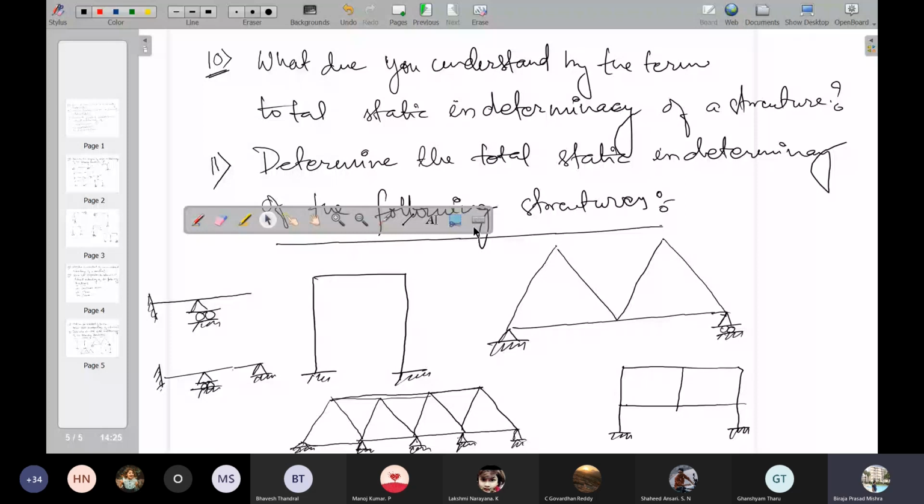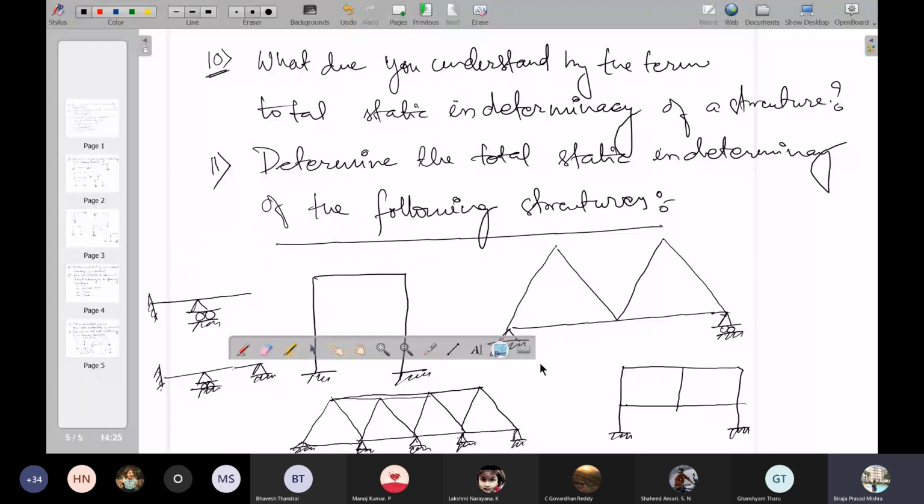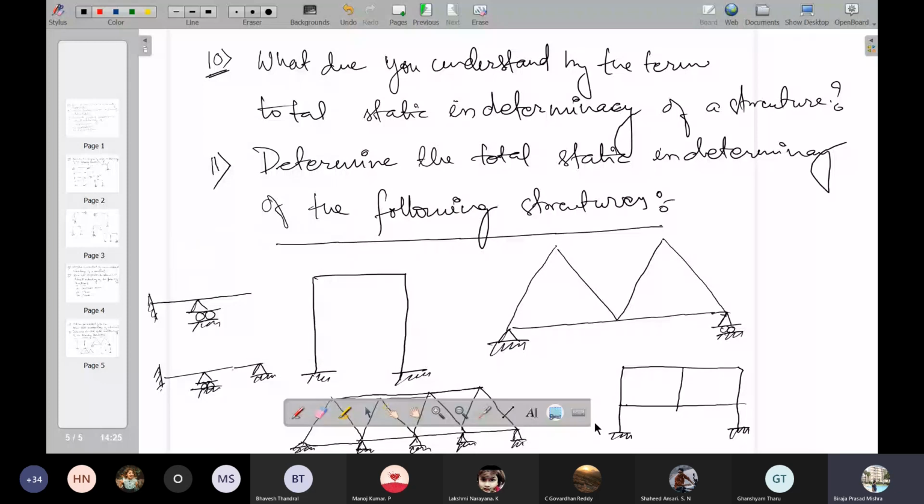Okay. So this is all about the static indeterminacy part. So next one is question number 11, question number 12.